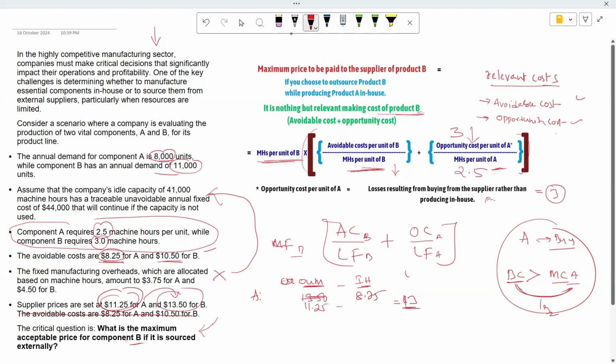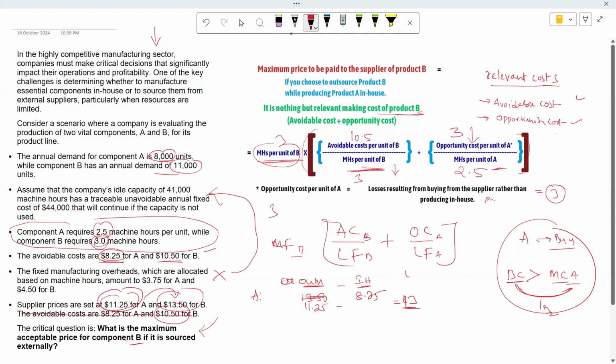Avoidable cost for product B per unit is given in this question as 10.5. So that 10.5 needs to be taken here, and machine hours per unit required for product B is 3.